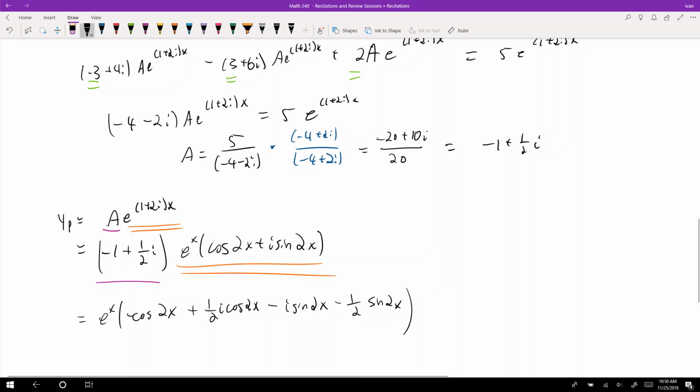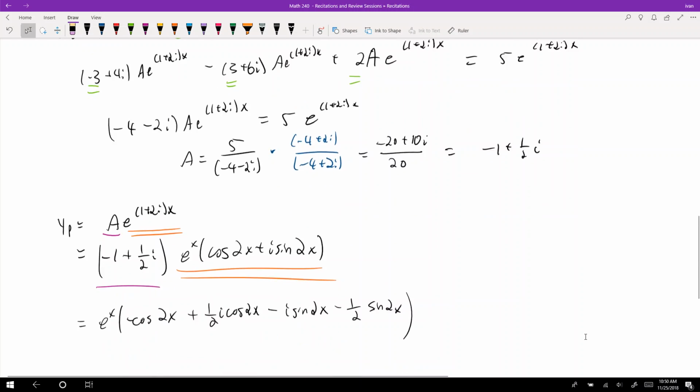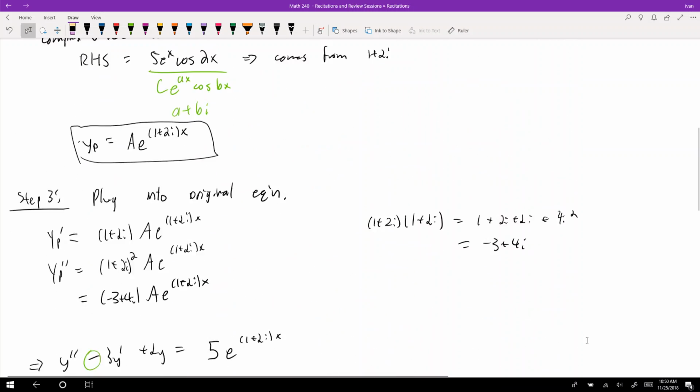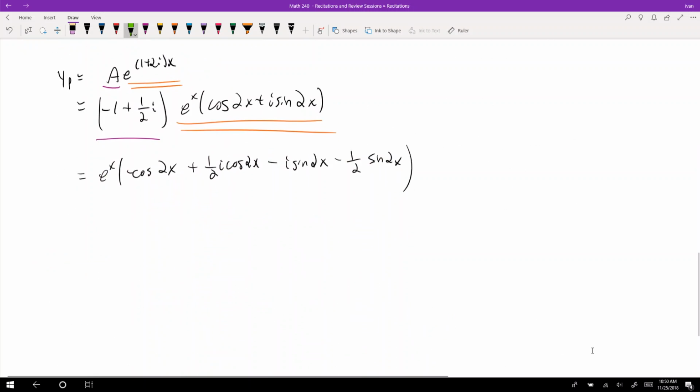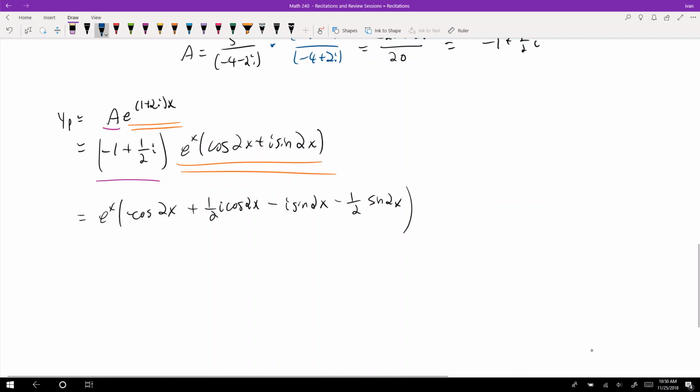And then the last part of complex value trial is to go back to your original right-hand side, which was 5 e to the x cosine 2x. And so since the original right-hand side is cosine, that means take only the real terms.